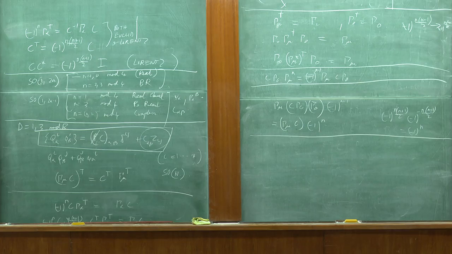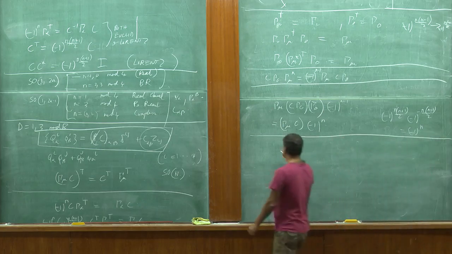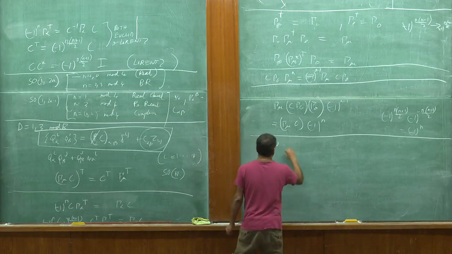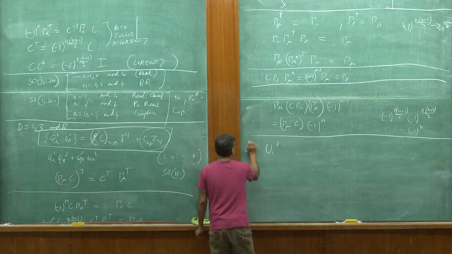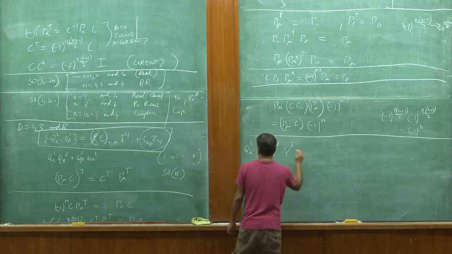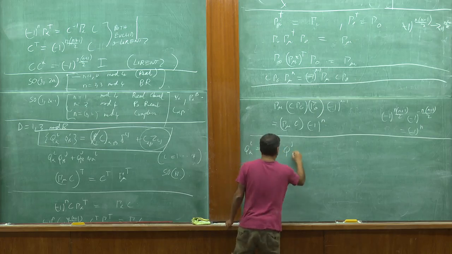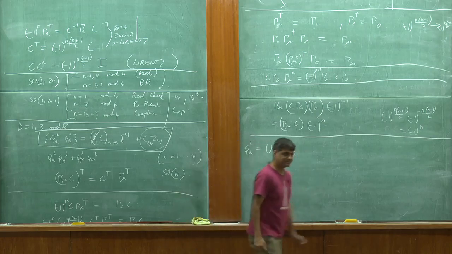What field redefinitions of Q will keep the algebra invariant? Now our Qs are spinors, and we don't want to change that fact. So these field redefinitions, these linear transformations we're looking at, will be transformations of the form Q_i alpha goes to U_ij Q_j alpha, something like this.